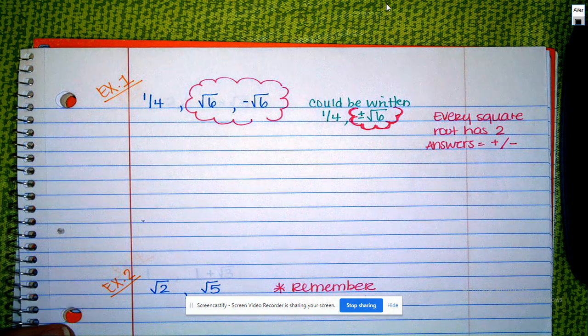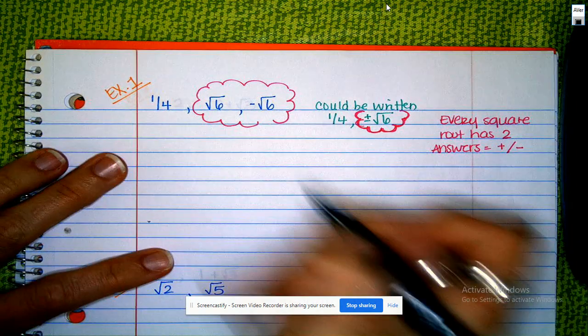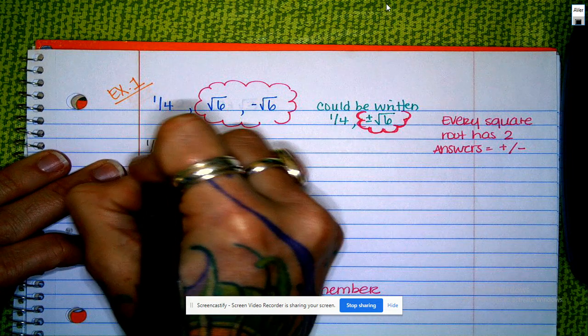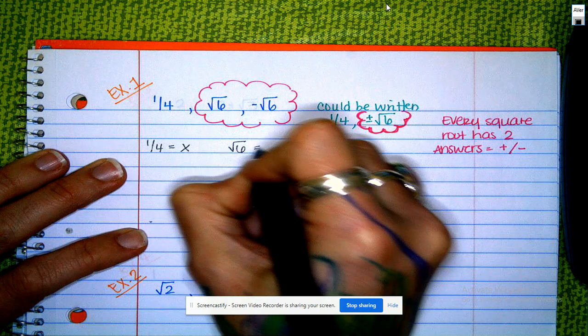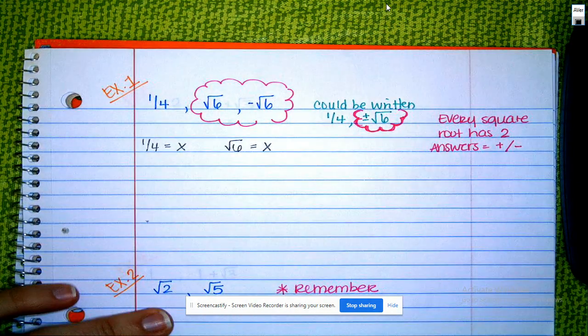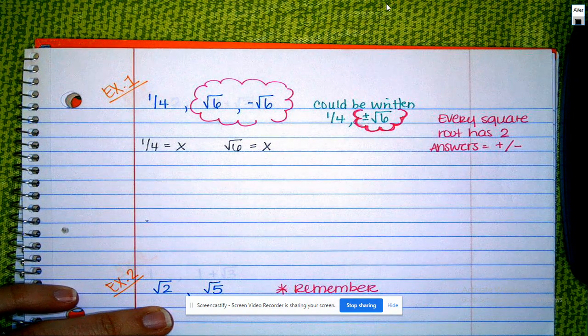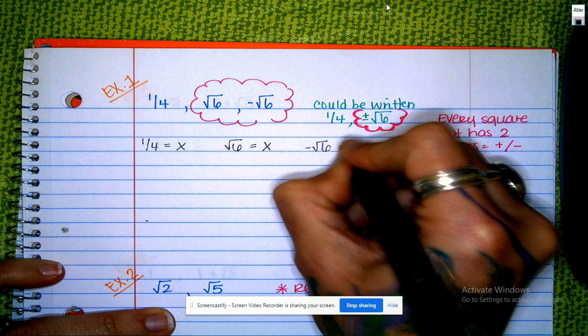So we're going to take these just like we did last week with our regular, nice, neat numbers, and we're going to set them equal to x and then get them by themselves. So 1/4 equal to x. And you could do square root of 6 equal to x. And you could do negative square root of 6 equal to x if you want to, but it takes care of itself once you square it. But for the conversations, we'll do both since it's there.